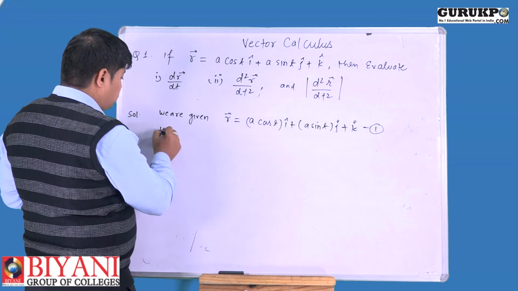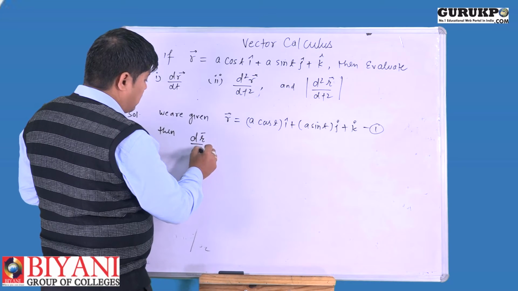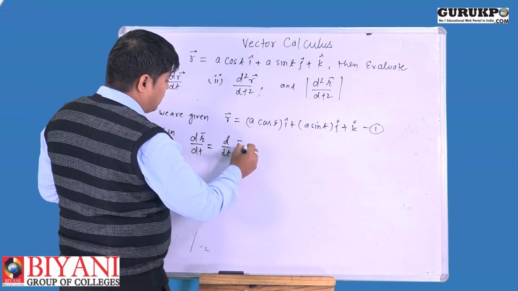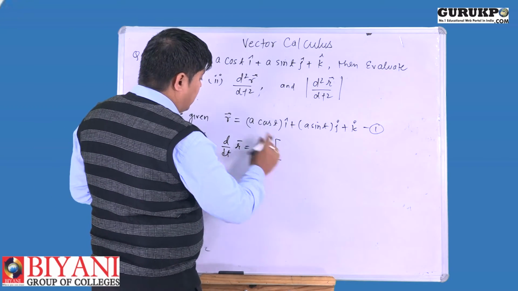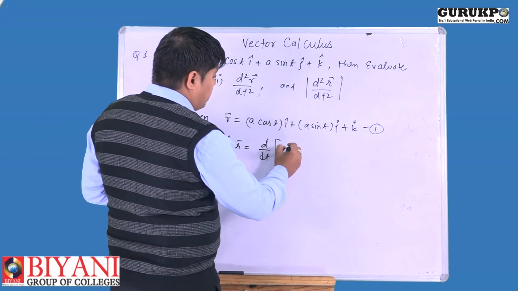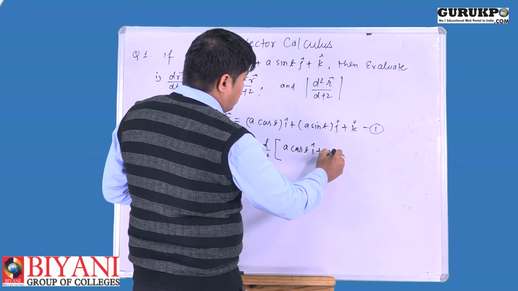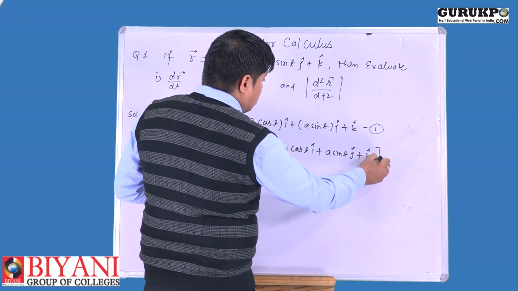Then dr by dt is equal to d by dt of r, using relation 1, so d by dt of a cos t i cap plus a sin t j cap plus k cap.